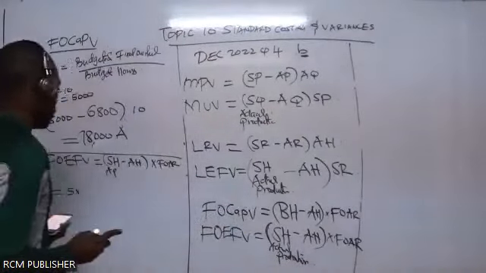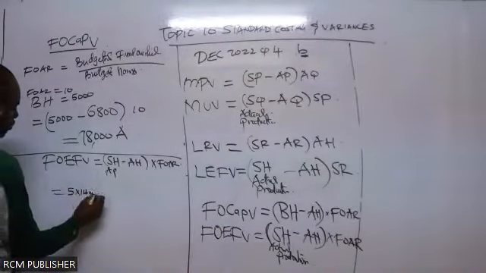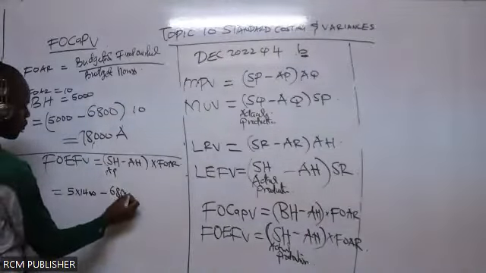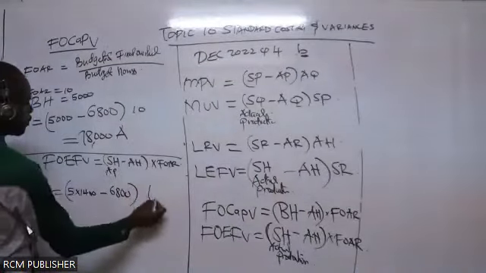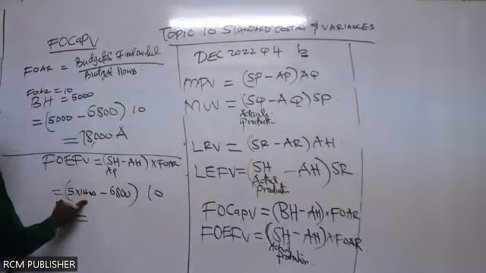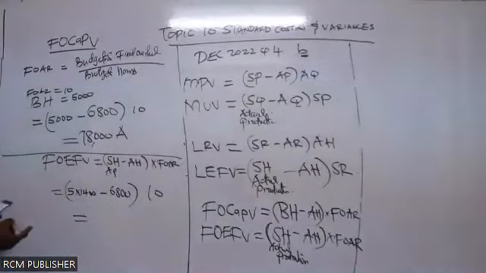So we have the actual production, we less actual hours, multiply by fixed overhead absorption rate. This one is going to give us 7,000. It is more than this. So we've extremely saved on what we anticipated to spend. So it's going to be favorable.